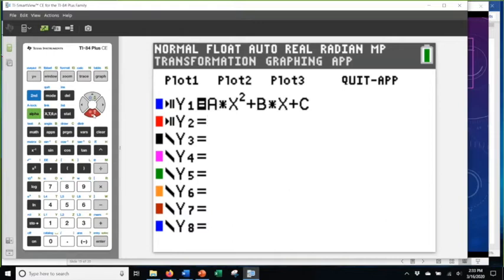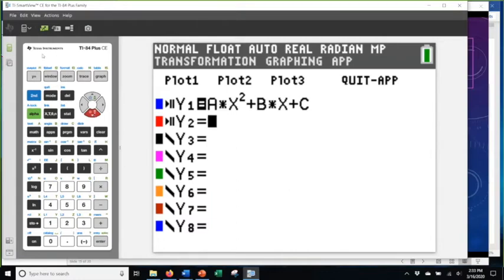The other thing you should know about transformation graphing, it lets you set 4 different parameters, a, b, c, and d. So for quadratic functions here, a, b, and c are part of those. If you wanted to do slope of a line, y equals mx plus b, you have to use a different letter than m because m isn't one of the transformable parameters.